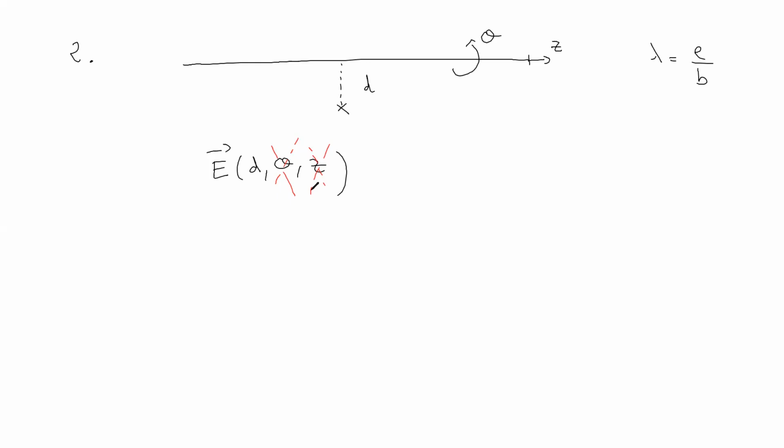And what about the orientation of that field? So again, the symmetries. Remember, if there is a plane of symmetry for the charge distribution, since the electric field is a real vector, then it must be contained in that plane.